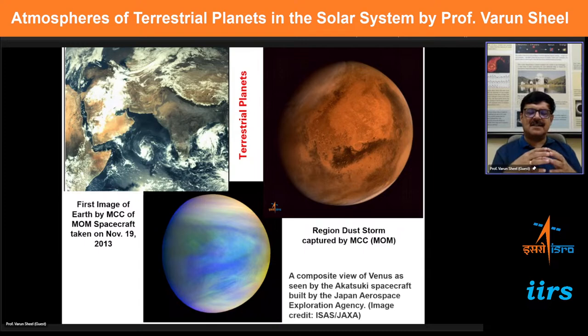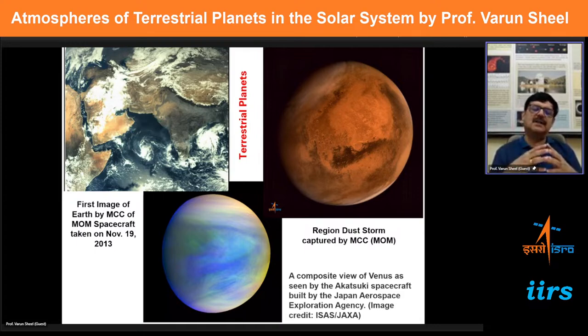And as far as Venus is concerned, this is a very beautiful image of a lot of data which has been compiled by a mission called Akatsuki, which was launched by the Japanese space agency, JAXA, and it is orbiting Venus, and it has studied various aspects of Venus.